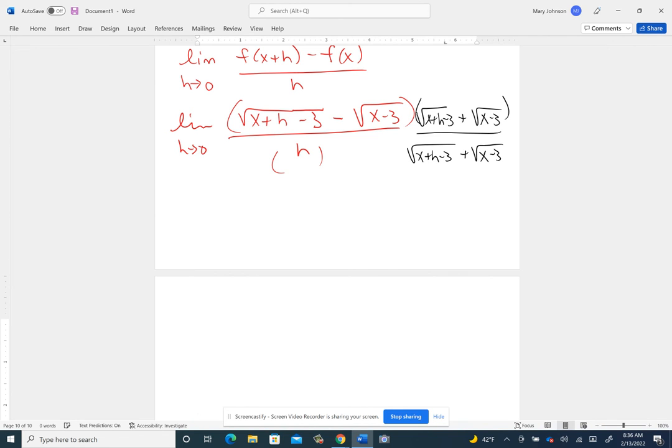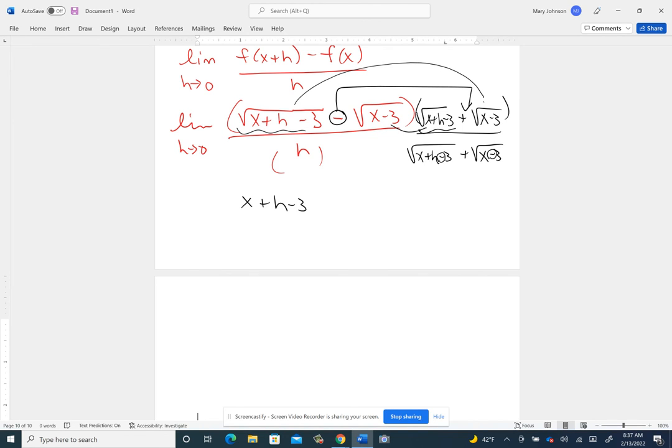Okay, now some of the mess ups had to do with changing this sign or that sign. The sign that changes was this one has to be positive. Okay, everything else needs to be the same. So then when you multiply the first 2 terms together, you get x plus h minus 3. When you do the inside 2 and the outside 2, they cancel out because one's negative square root of x minus 3 times the square root of x plus h minus 3.